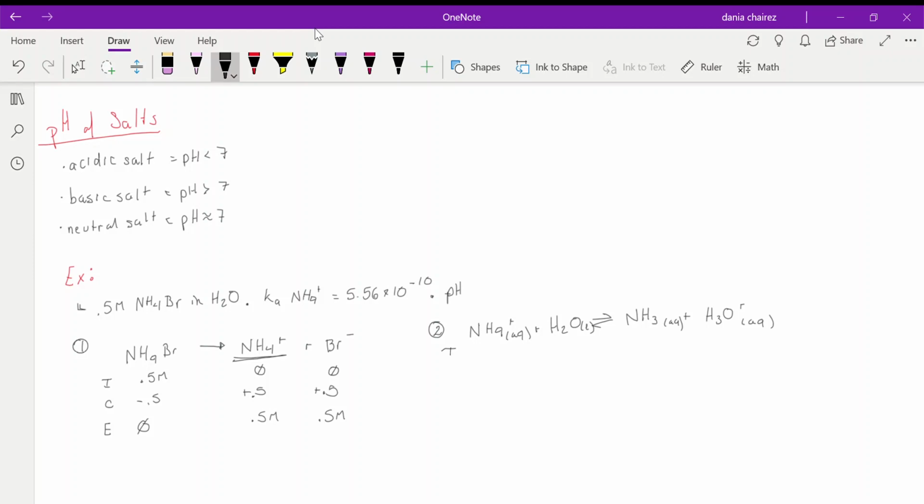So then initially we have the 0.5 molar that we took from over here, and then you don't deal with your condensed states, 0 of these, and then your change is going to be X because we don't know how much these dissociate by. So then at equilibrium we're going to have 0.5 minus X, X, and X, right?